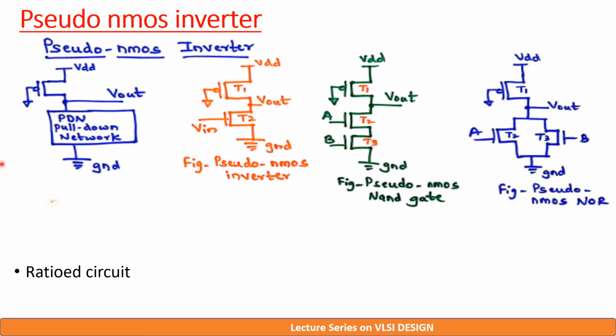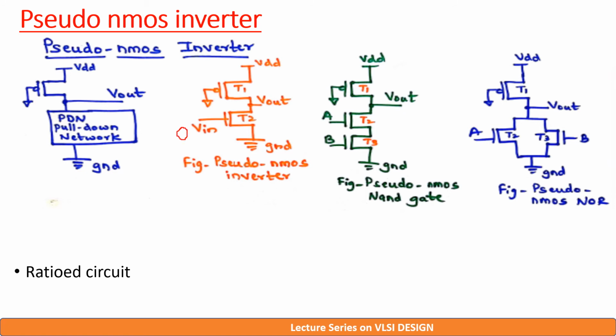The next circuit is a pseudo NMOS inverter. For a pseudo NMOS inverter, the pull up is a PMOS whose gate is permanently grounded, and the pull down will vary as per the Boolean expression. For a NOT gate, the pull down is a single NMOS device with gate connected to input variable Vin, and the pull up is a PMOS device whose gate is permanently grounded.